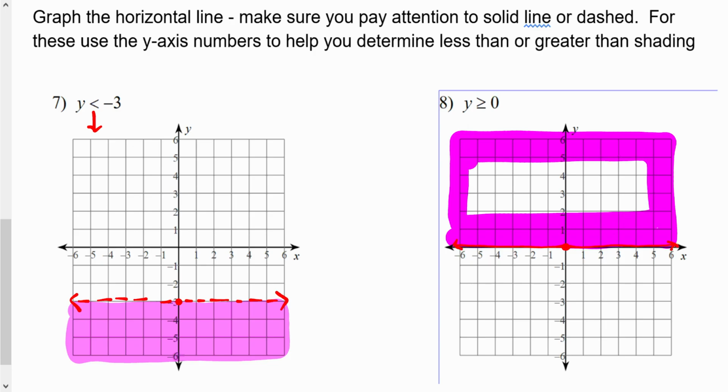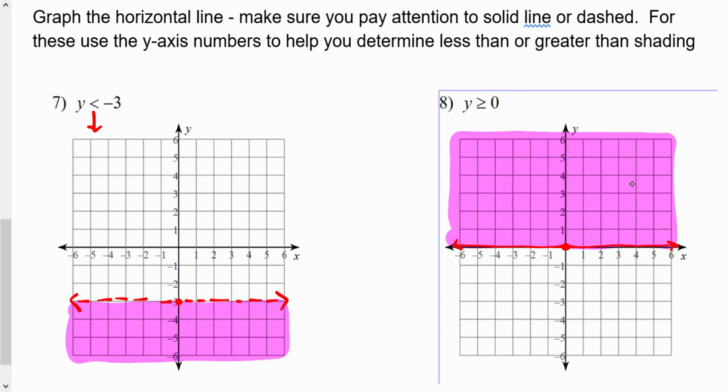So it takes a little while, and anything that's being shaded in here, any of these dots would make it a solution. It would make it true. Anything on the line would also make it true, but anything in the non-shaded region, sorry, not a solution. And that is how we handle linear inequalities.